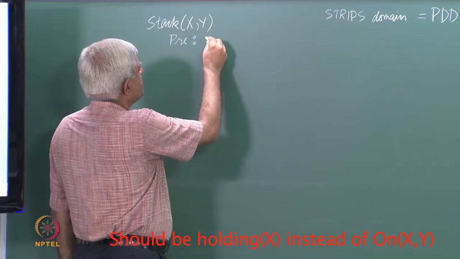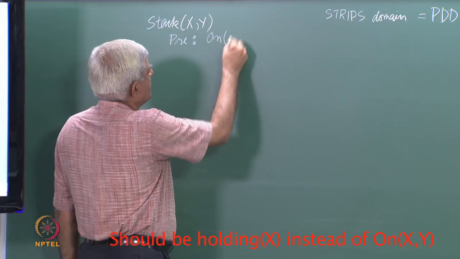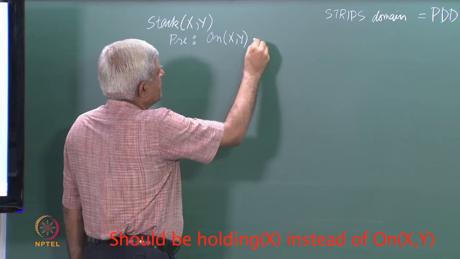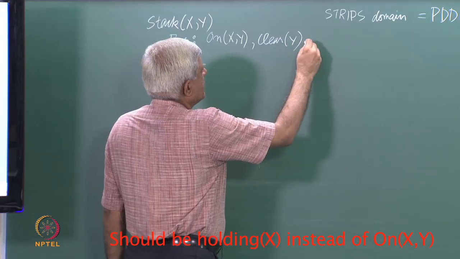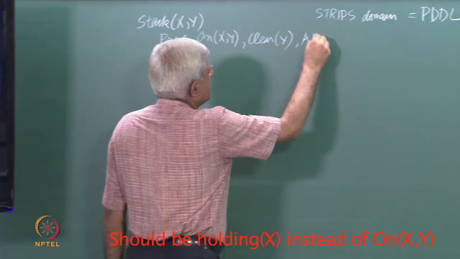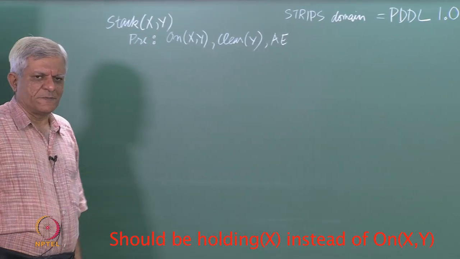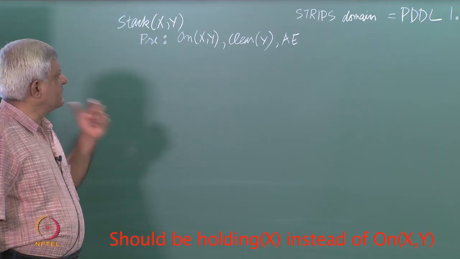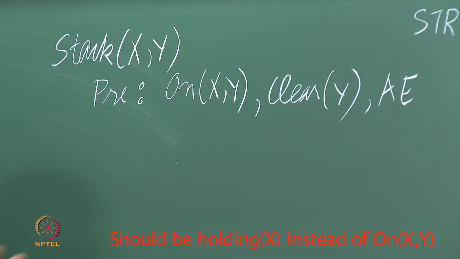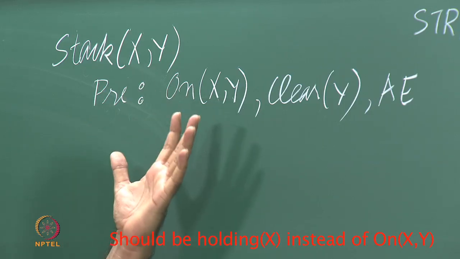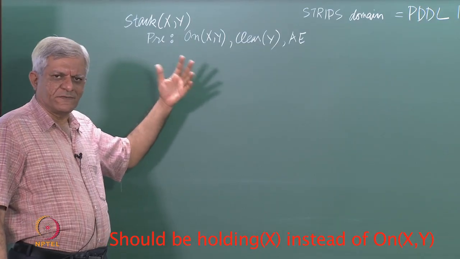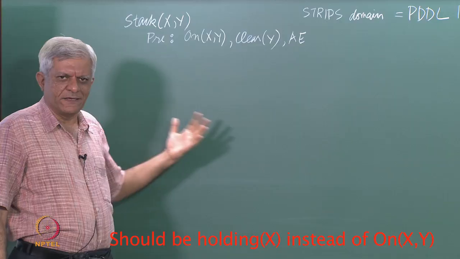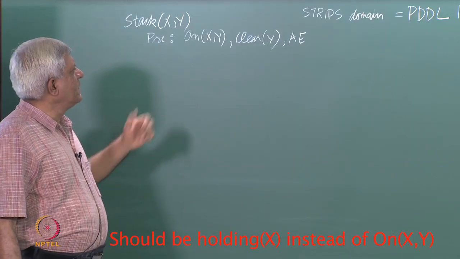The precondition for stack was on x y, then clear y and arm empty. A stands for arm empty, we will use this short form. Of course, x and y are variables here in the operators, but when we actually talk about a domain, they will get bound to constants which stand for specific blocks like A and B and C and so on.